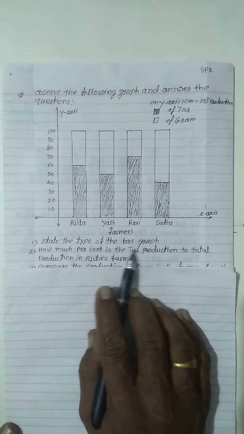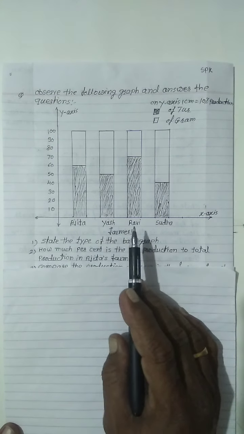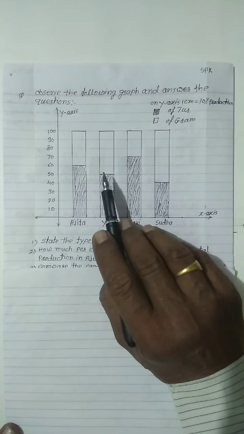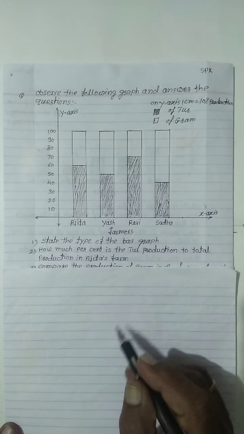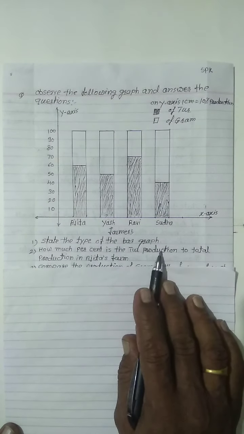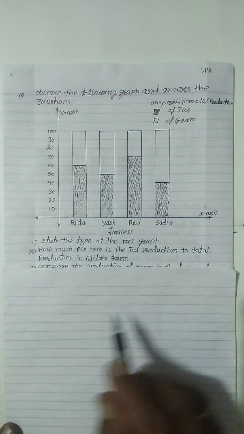State the type of the bar graph. Now in this bar graph the percentage is used, so we say that the given bar graph is a percentage bar graph. So the answer of this first question is percentage bar graph.